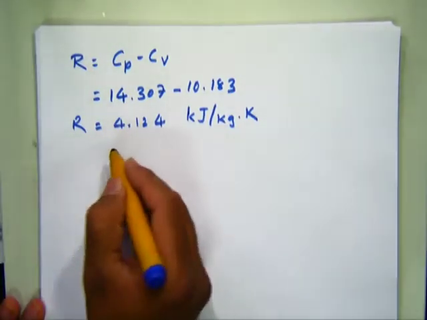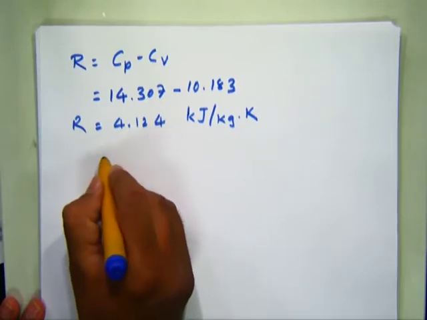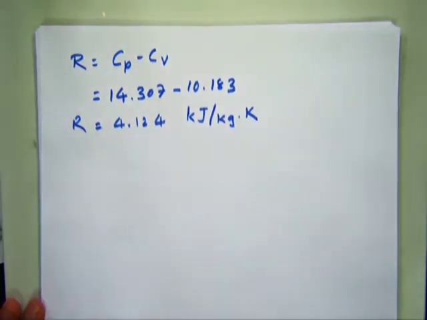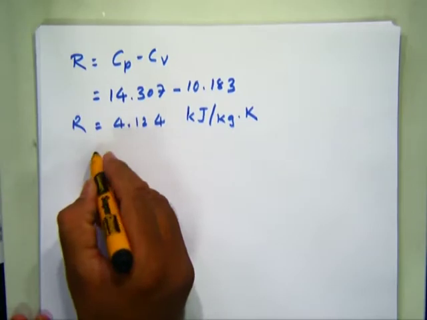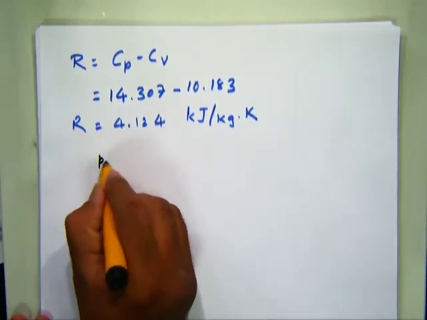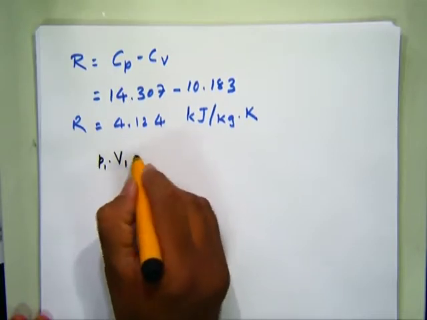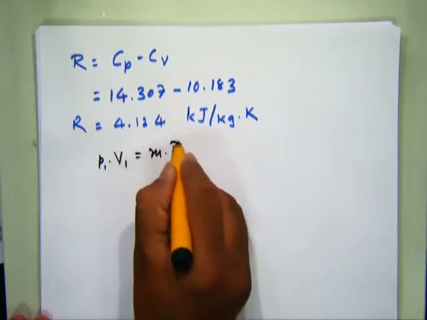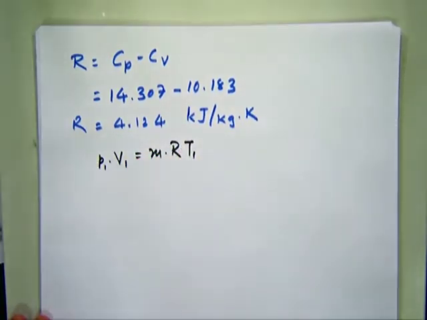Now, you know the characteristic gas equation. The characteristic gas equation is P1 into V1 is equal to m R T1.